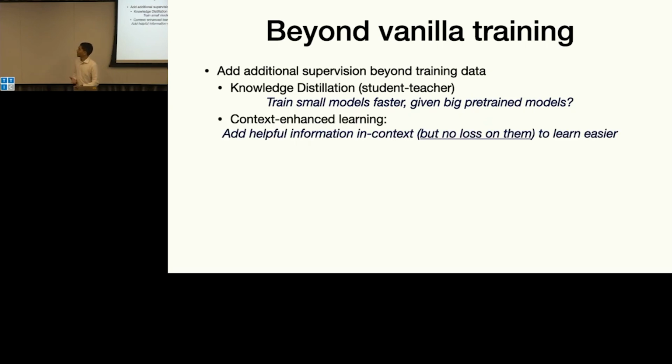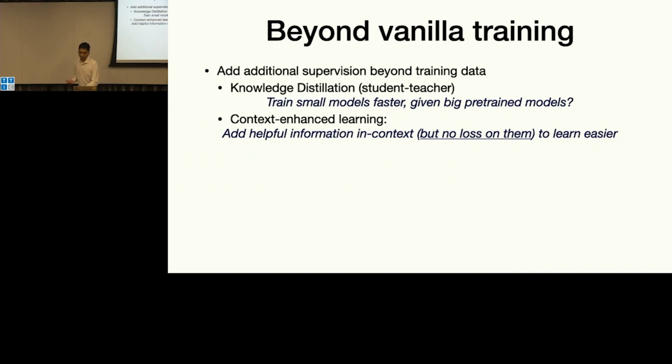The other kind of strategy is context-enhanced learning, primarily used for language models, where we add some useful information to the model in context and hope that the model understands that information as it trains on the training data. I'm going to explain these algorithms in more detail later in the talk.